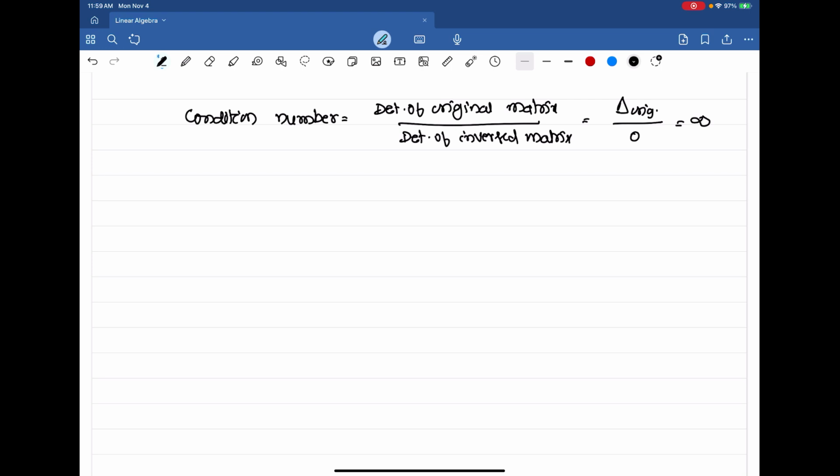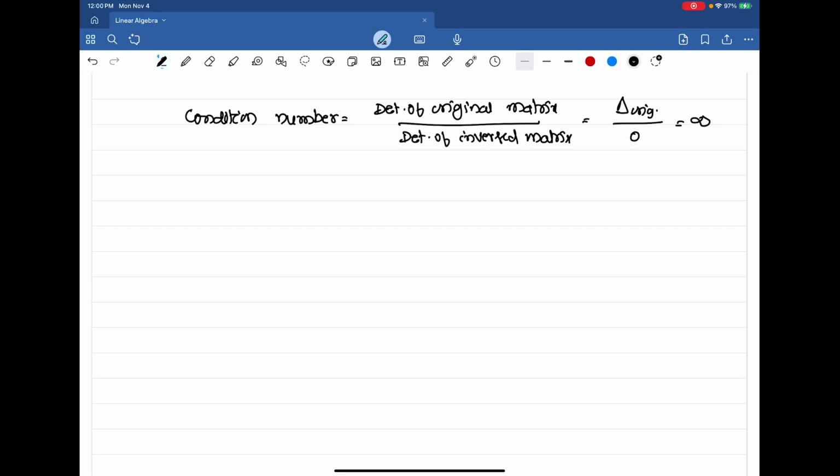If the condition number is low, the system of equations will have a better sense of solution. If the condition number is high, as it increases, the solution becomes erratic. Because here the condition number is going to infinity, the solution is erratic, it's not correct, it has infinite solutions. That is the meaning of the condition number.